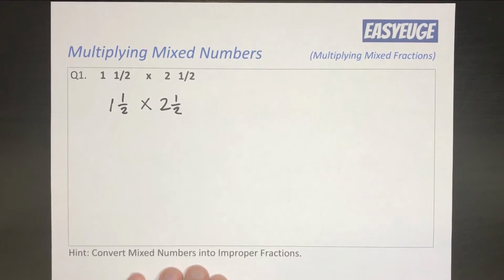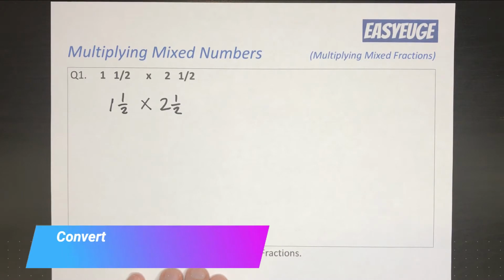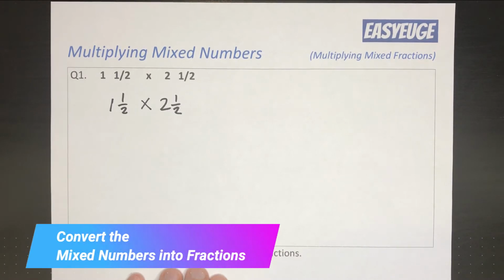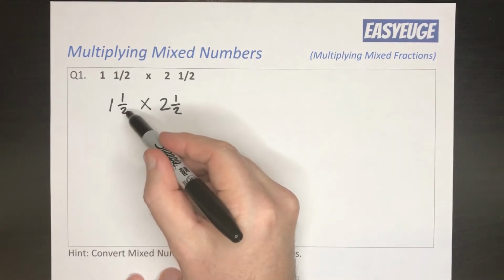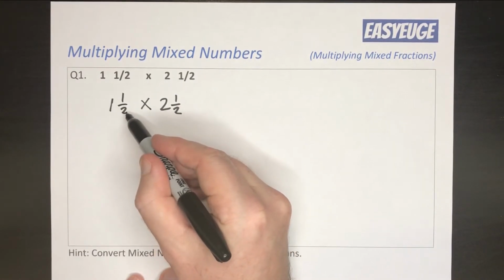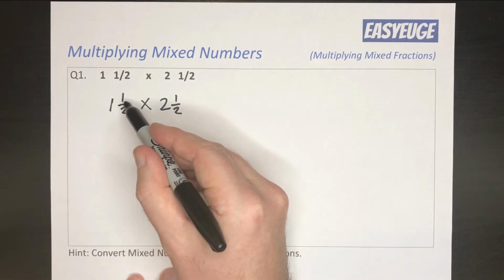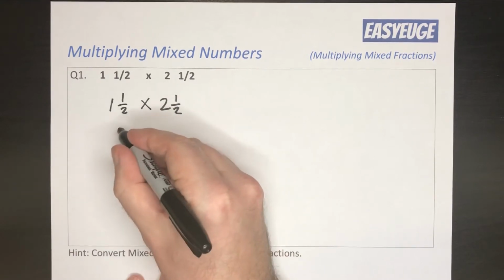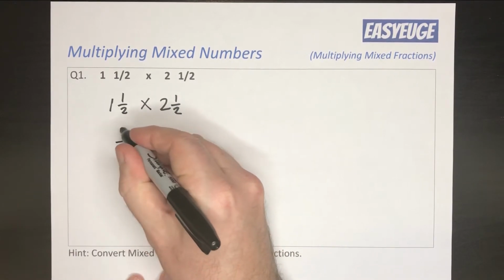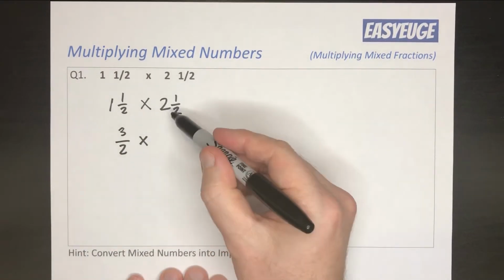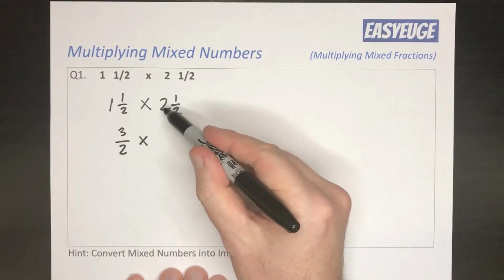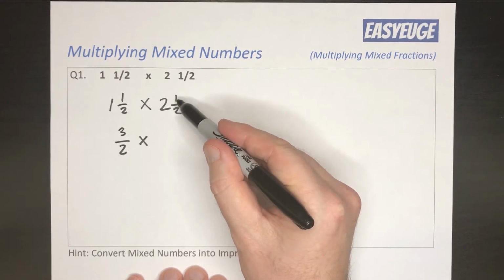The first step that we do is to convert the mixed number into a fraction. Okay, so how do we do that? 1 1/2 is 1 times 2 is 2 plus 1 is 3. So that's 3 over 2. And we multiply that fraction by 2 1/2. 2 2's are 4 plus 1 is 5.